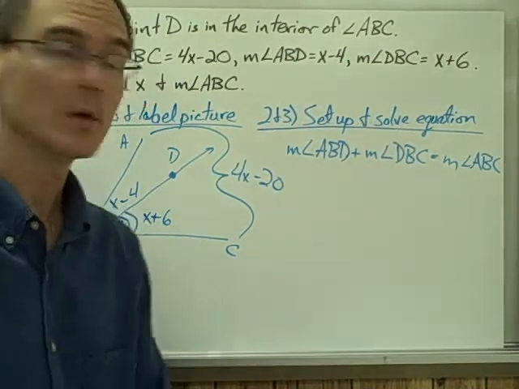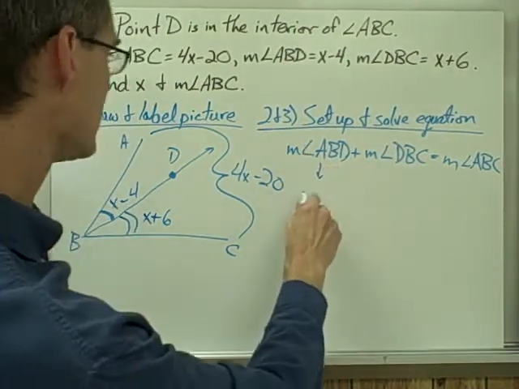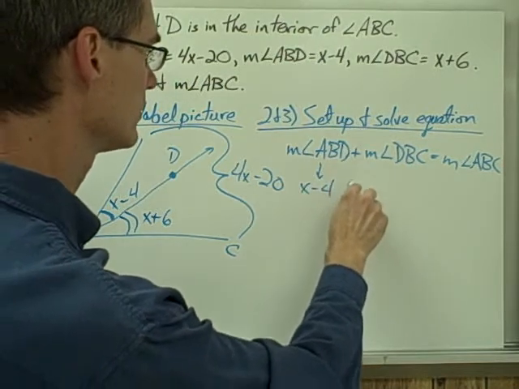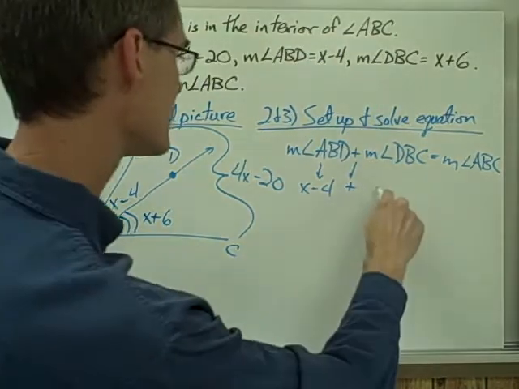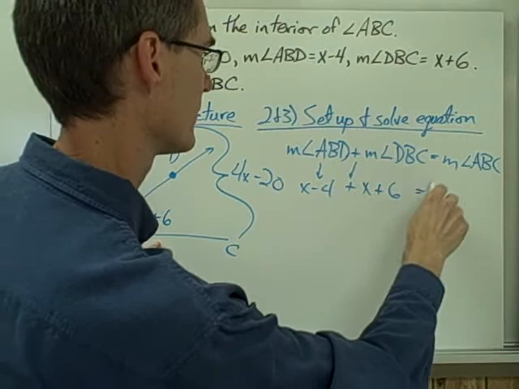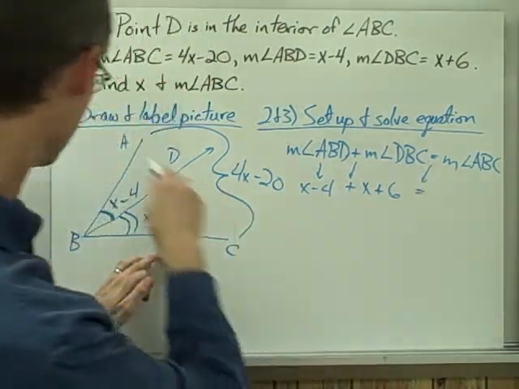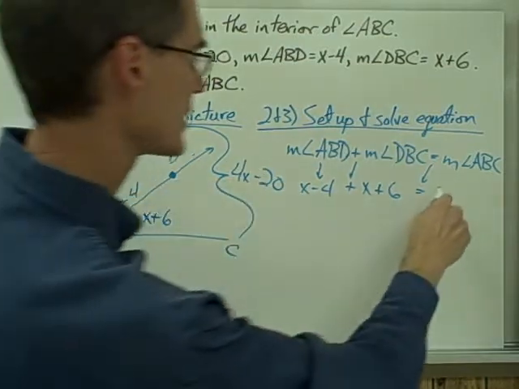I just need to plug those in. So measure of angle ABD, that's x minus 4, plus measure of angle DBC, which is x plus 6, equals the measure of angle ABC, so that's this whole large angle, and that's 4x minus 20.